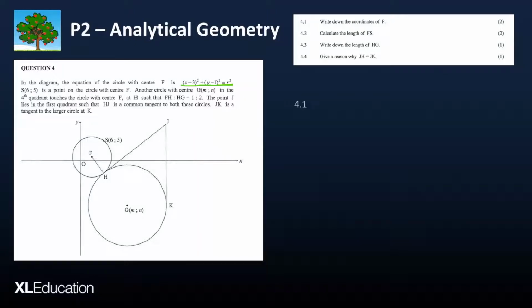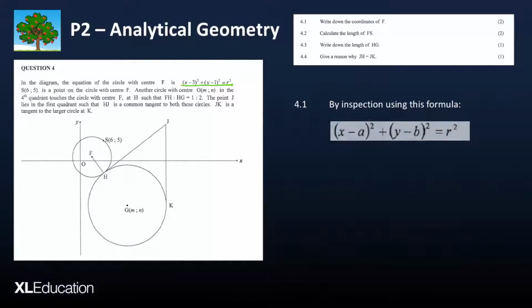And if you compare that equation to the one given on the information sheet, you see that F is actually equal to (3; 1). All right, those are easy 2 marks. Then let's go to 4.2.